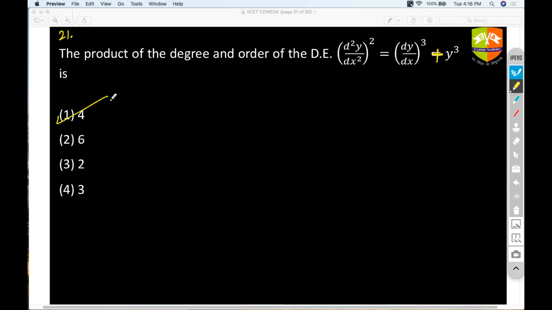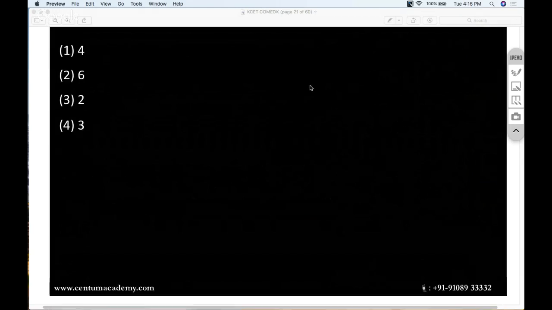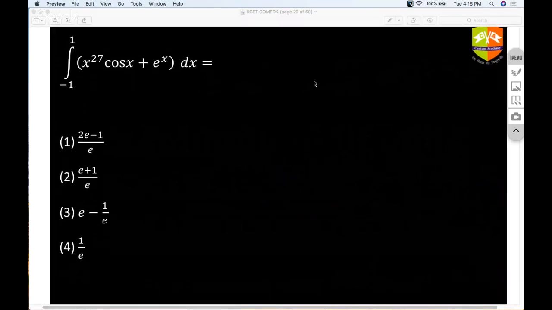It has to be 4, because order is 2 and degree is also 2. So the product is going to be 4. Option number 1 is correct. Such questions, which take hardly 3 or 4 seconds, can be used to balance those questions which take you more than a minute.